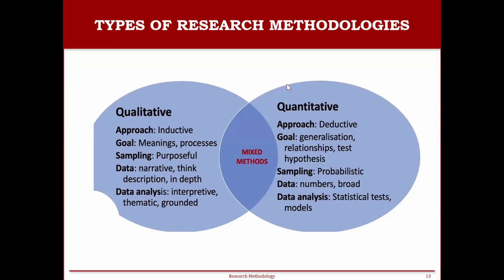Especially when you are going to analyze the relationship between different variables, let's say factors affecting something, you have dependent and independent variables. If you are going to assess the relationship between dependent and independent variables, you can conduct a quantitative study, and you can conduct ANOVA or regression analysis, and you can identify a relationship.